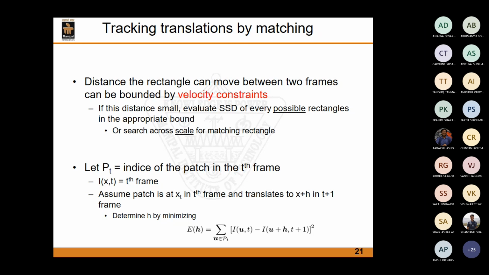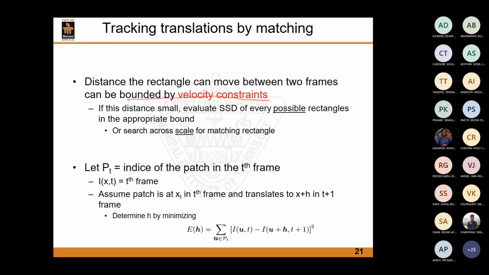So when you're considering the neighborhood, we can assume that the position of the yellow bounding box has not moved too fast in the next frame, right? So what we are basically doing is bounding the neighborhood by velocity constraints, because what we are looking for are similar boxes, and we are assuming that they are very near to the actual yellow box which is present, right?